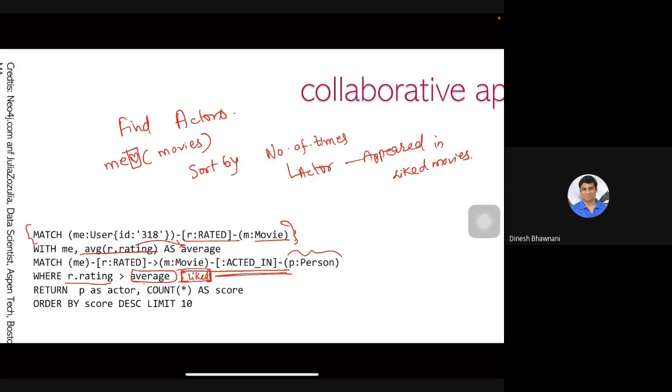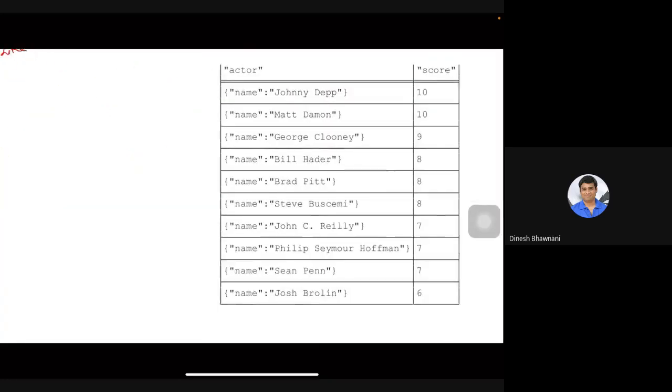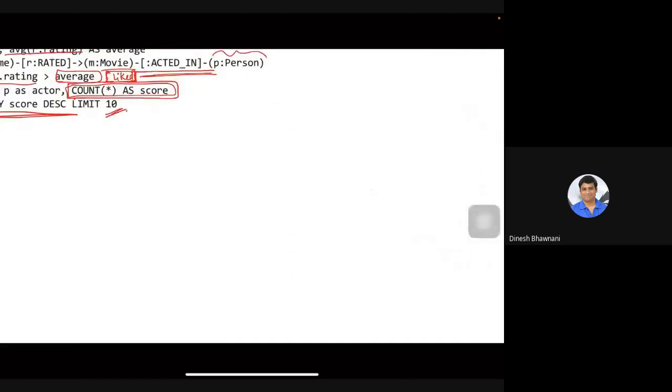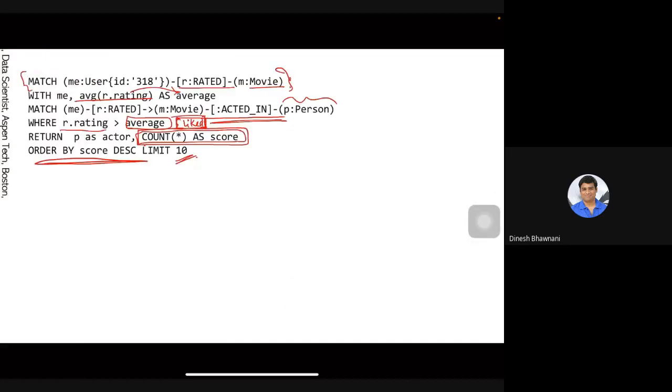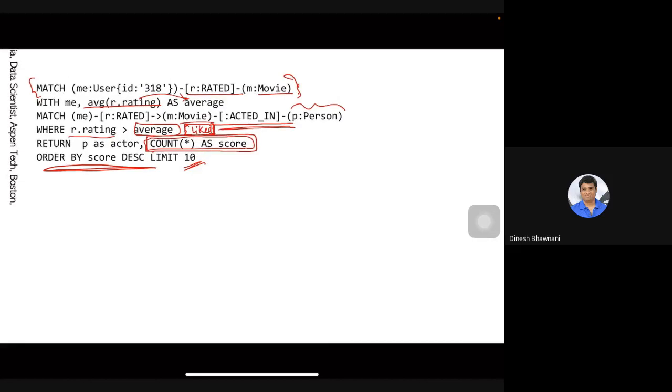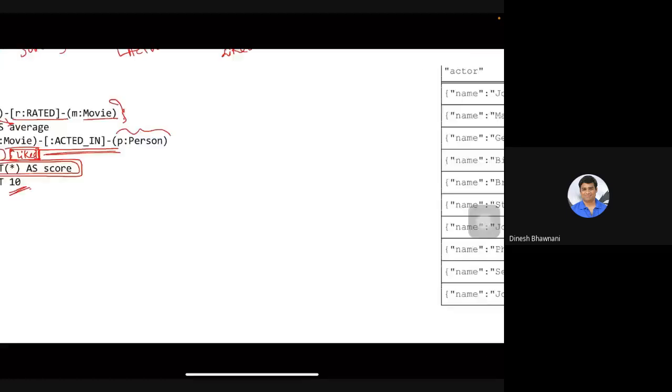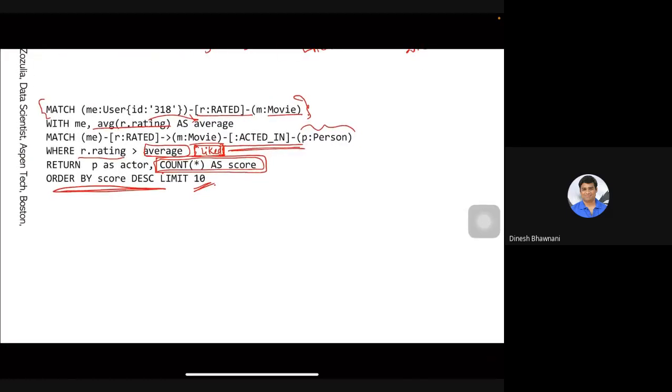Then return p as actor, count as score. This we have done earlier also, count as score. Then order by descending and limit the number of entries to get this kind of a table. So we have told it to count number of times p as actor has occurred, so it has counted, and from 10 onwards we are limiting it to 10.